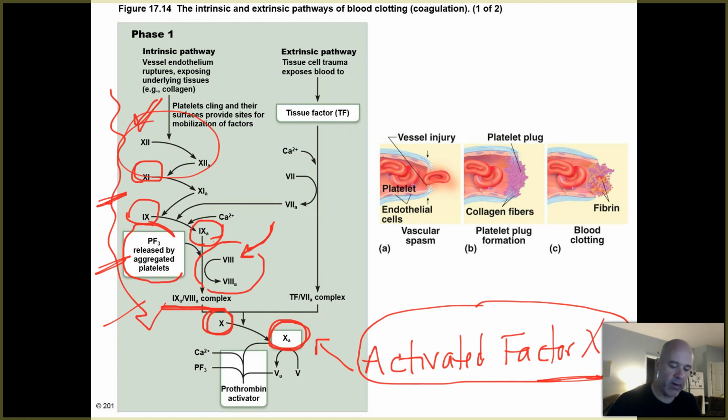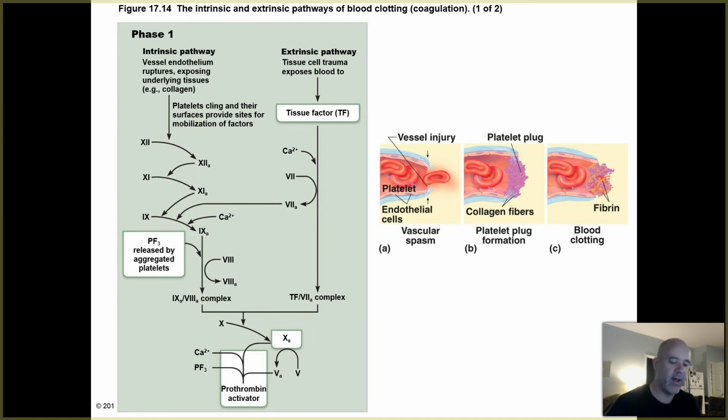All right, let's look over here at the extrinsic pathway. It's actually quite a bit simpler. Let me erase all of that. The extrinsic pathway is called that because not all of the factors involved in this pathway are actually located in the blood. They're not intrinsic to the blood.